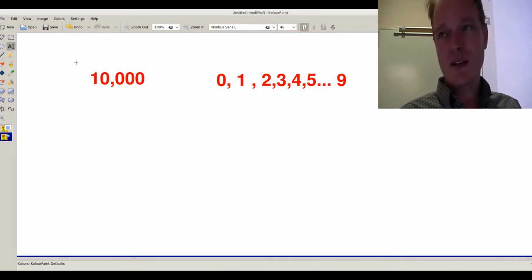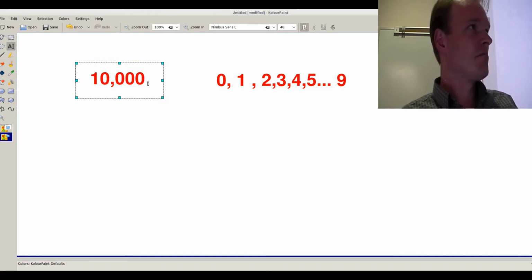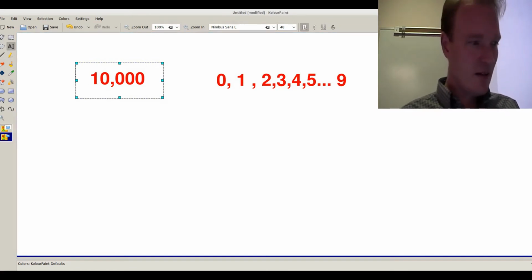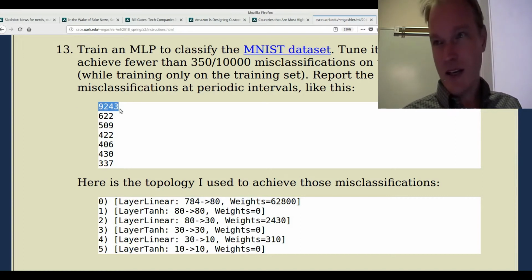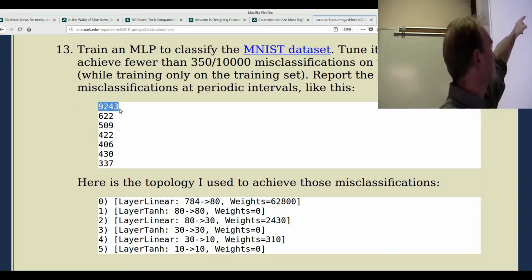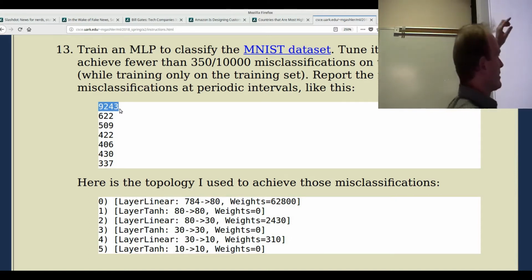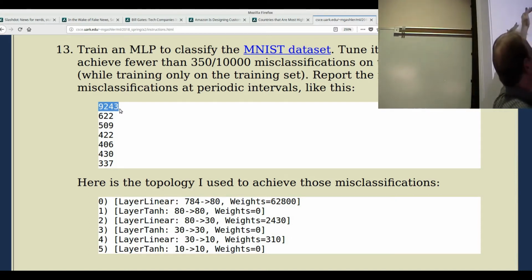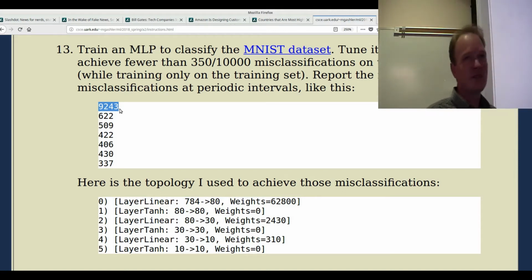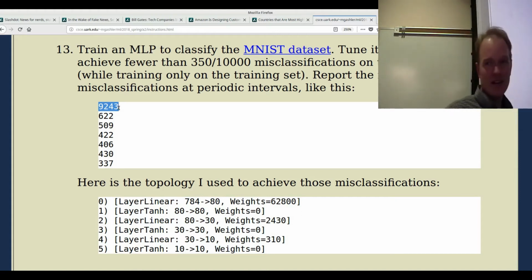What's 90% times 10,000? Should be 9,000. Well, in fact, I got 9,243 errors on a randomly initialized neural network. What does that mean? It means my random initialization was a little bit worse than it needed to be. Maybe I should have picked randomly again. I probably would have got 8,000-something errors. But it should start at about 9,000.